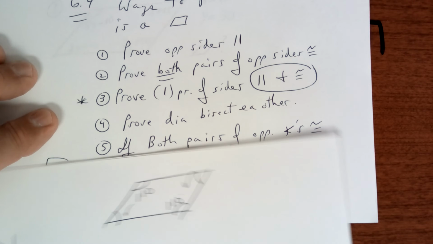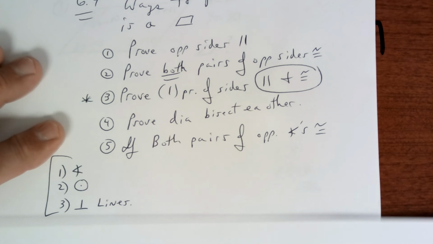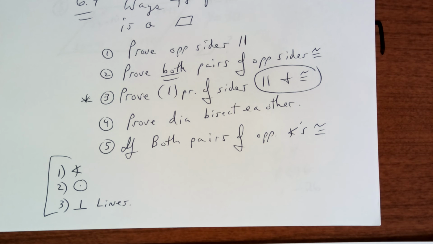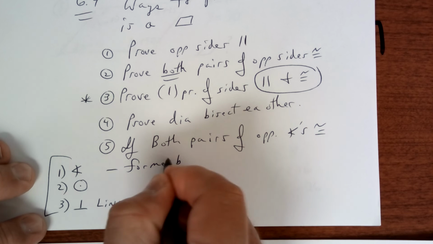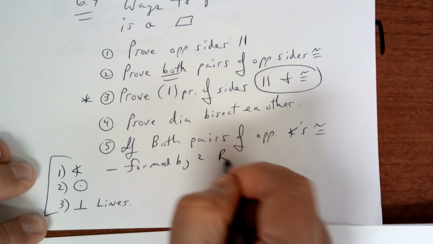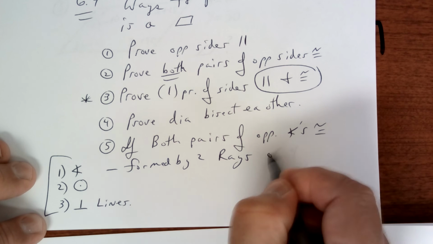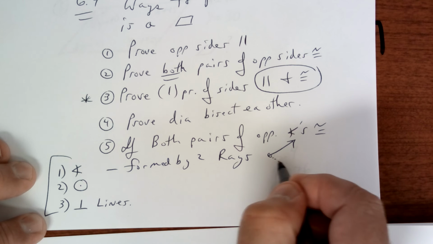You had some definitions yesterday. Answer these 3 questions right now. An angle is formed by 2 rays. That's one. And there's another one, there's your angle.